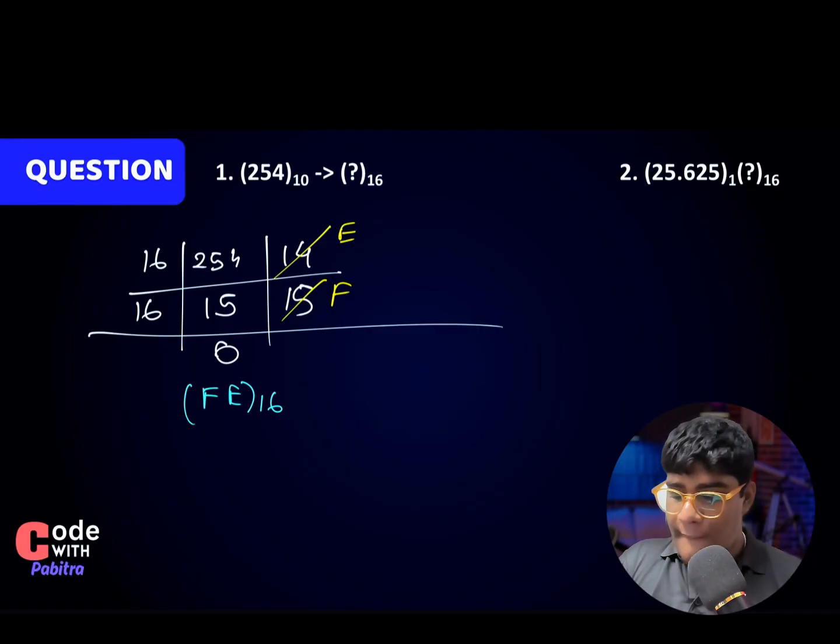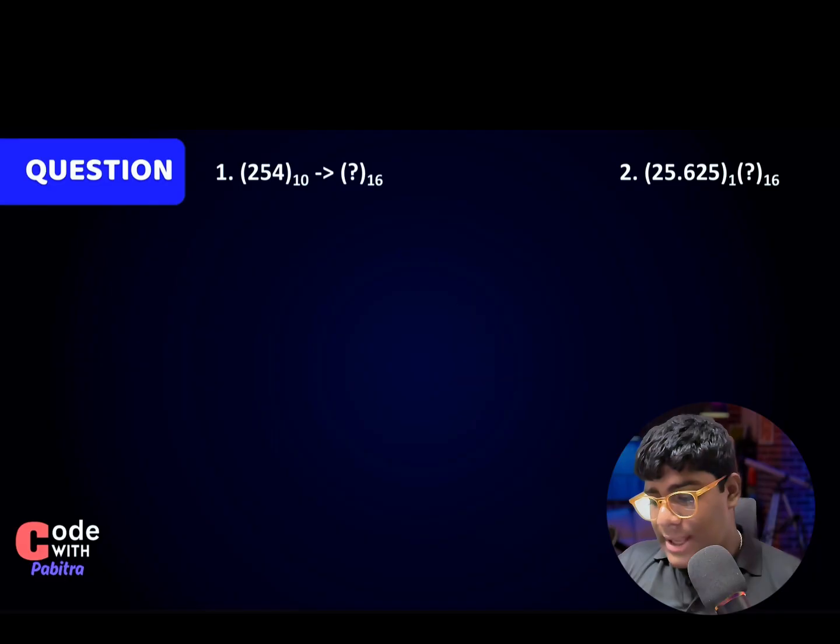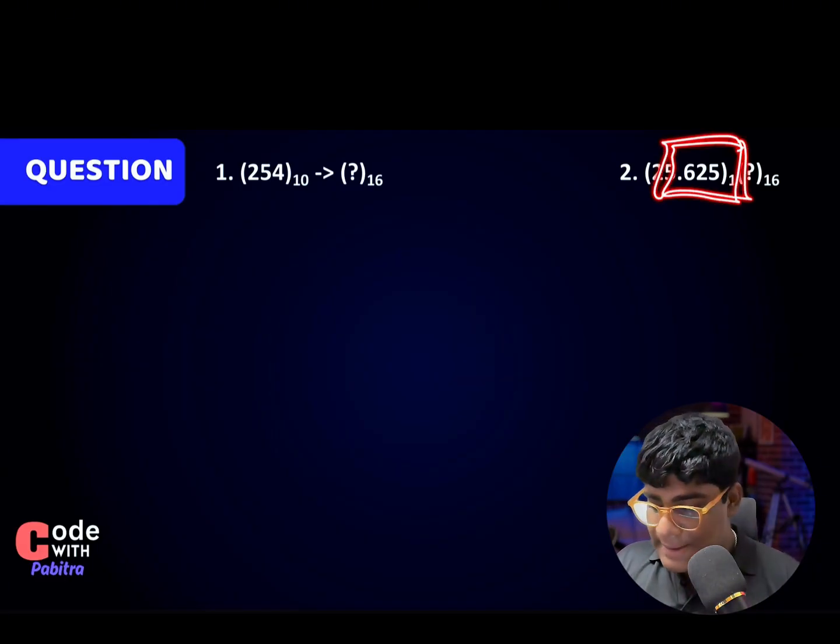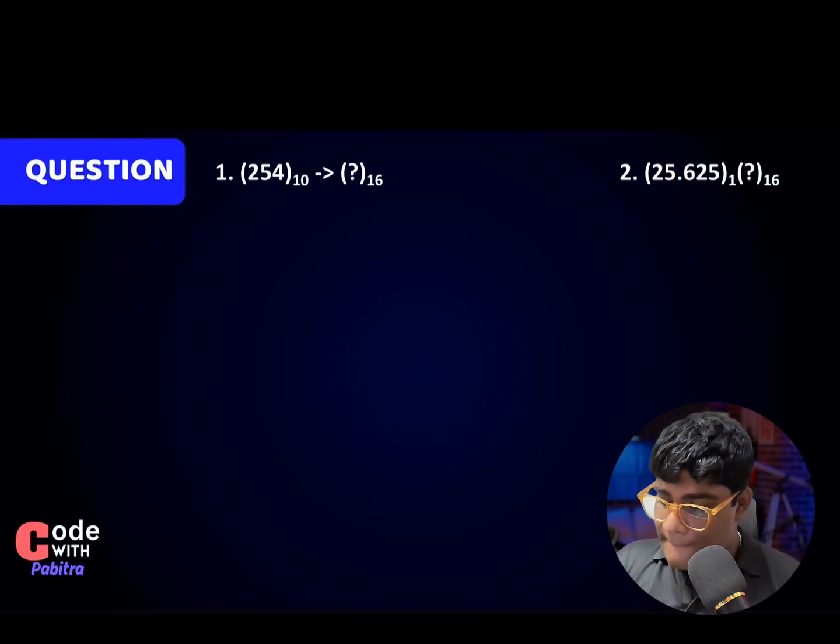Okay. Now this is a special case. Just as in decimal to binary and octal conversion we multiply by 2 and 8 respectively, here also we will multiply by 16. So we'll only take this particular digit, 0.625.